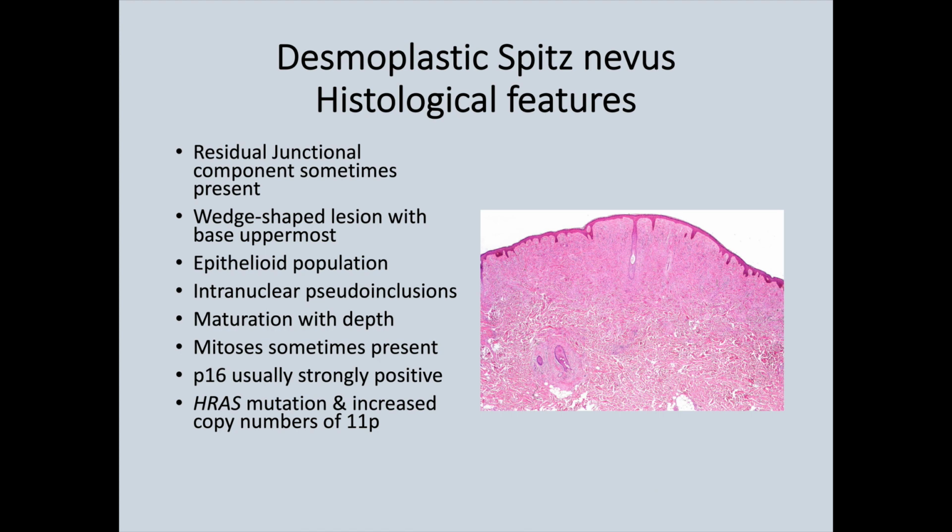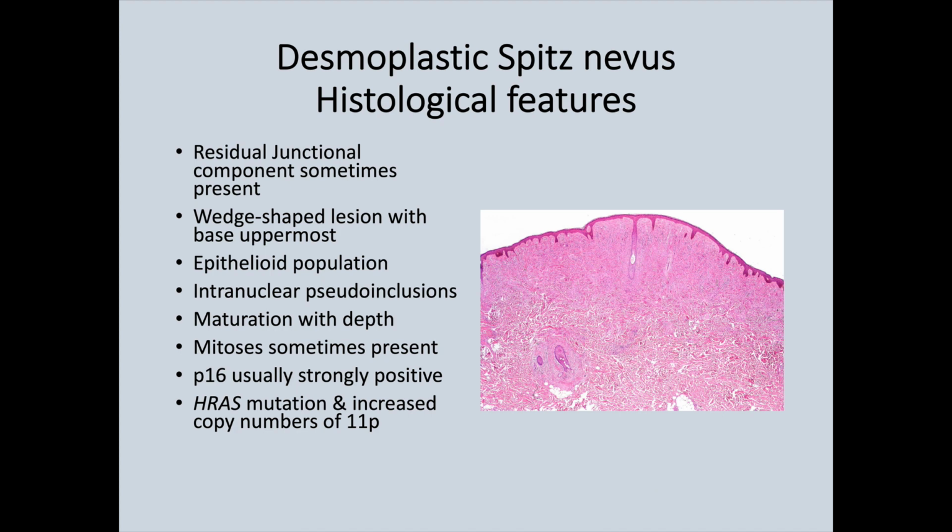Now, the histology of Desmoplastic Spitz nevus. Well, I've shown you two examples, and they're lovely examples, so I think by now you've a good idea of what they look like anyway. But just to remind you, they may be compound or they may be intradermal. They tend to have a wedge-shaped growth pattern, but not always, as we saw particularly with the first case.